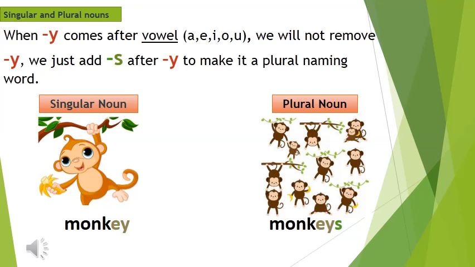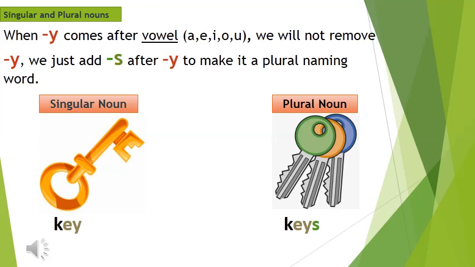Look at the example. Monkey. The letter before Y is E, and E is a vowel. So we will just add S to make it plural. It will become monkeys. Key. The letter before Y is E, and E is vowel.